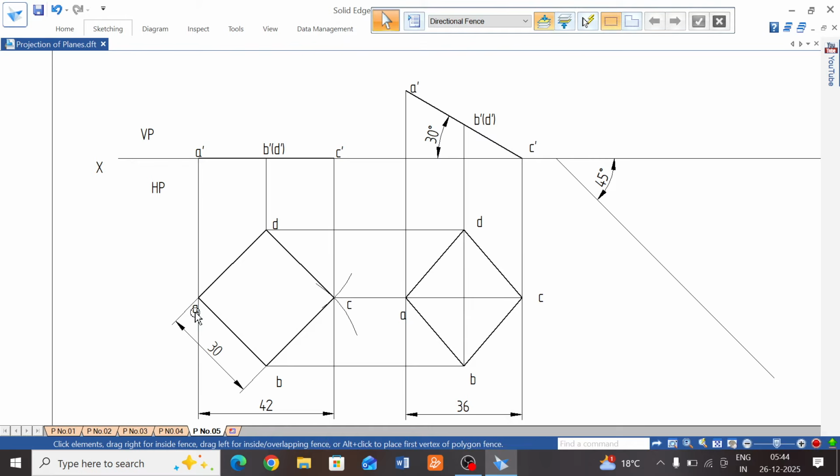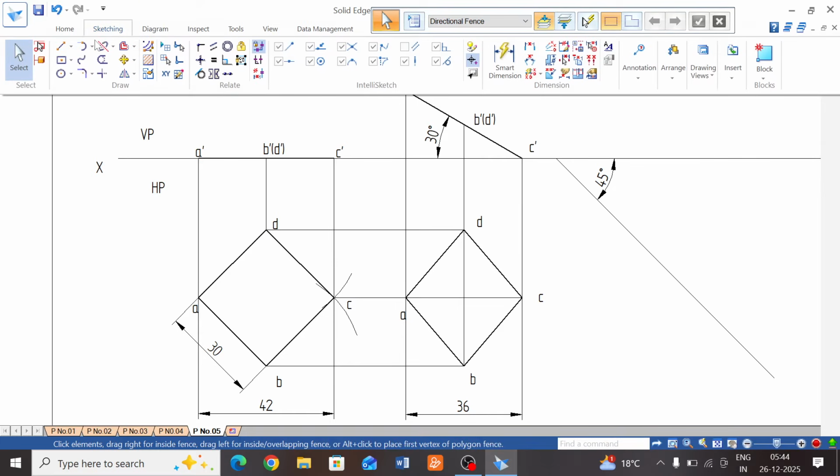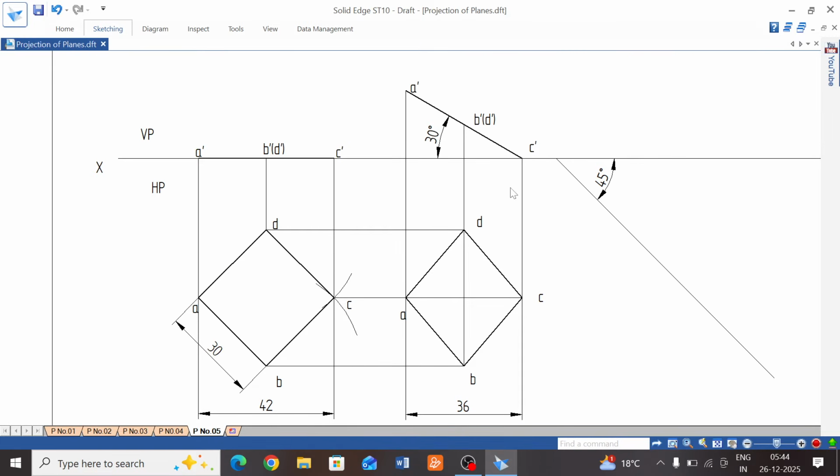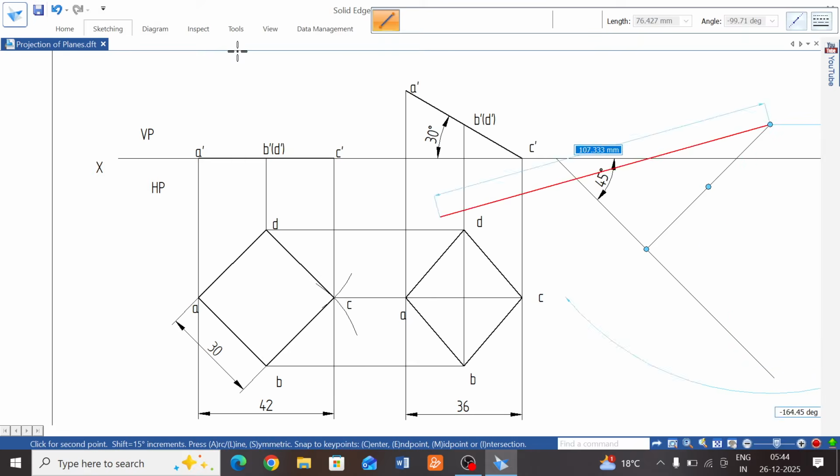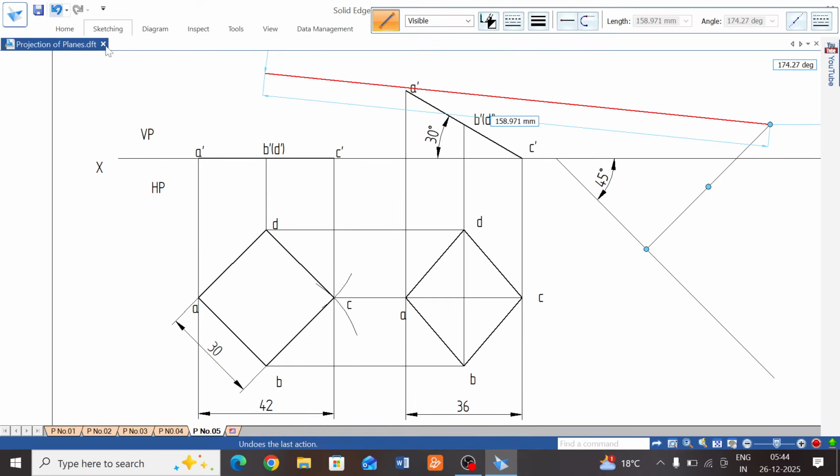Now first mark the 42 mm on the 45 degree line. Taking from this line, one point A to C is 42. Mark 42 on the 45 degree line, you have to mark those points.